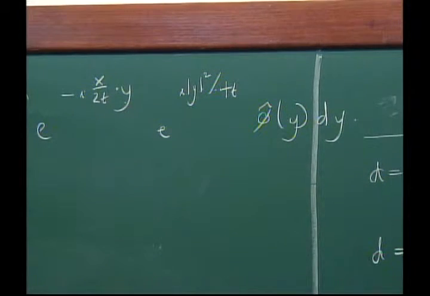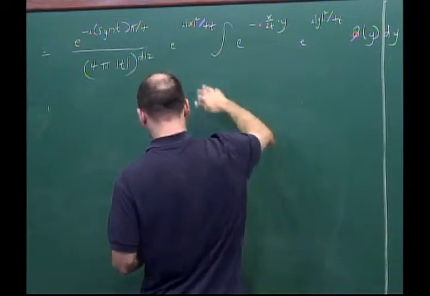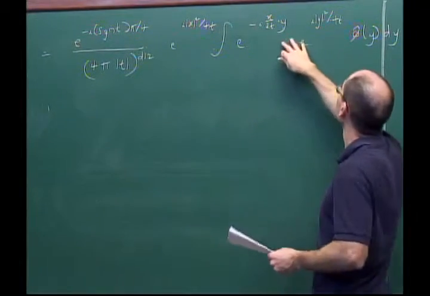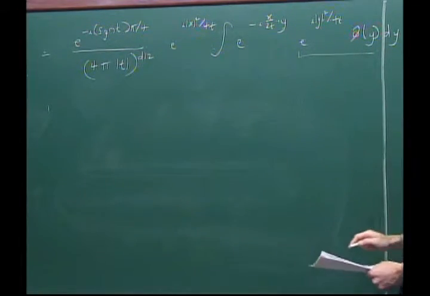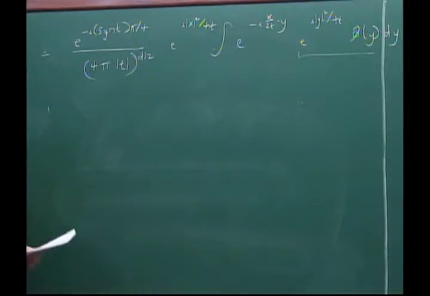Right? And then you recognize that this is saying, well, we could regard it as the inverse Fourier transform of this at minus x over 2t.